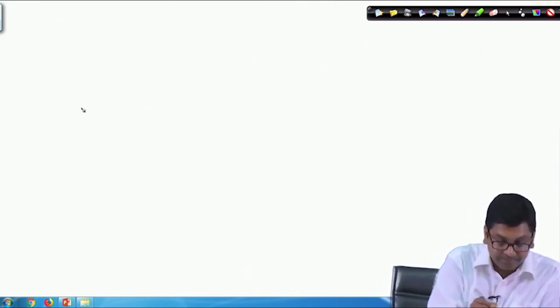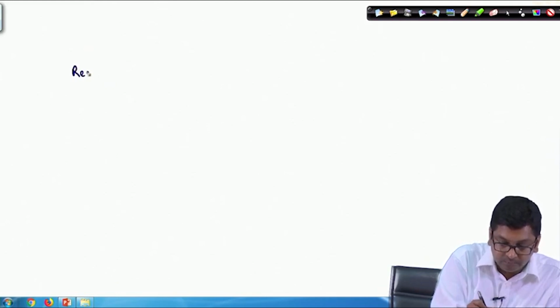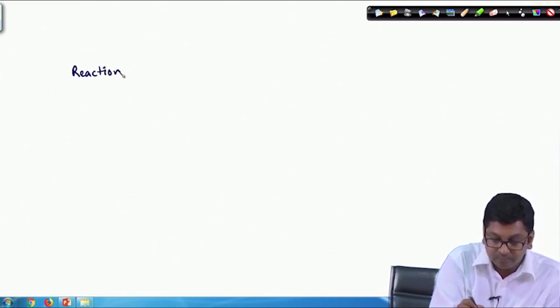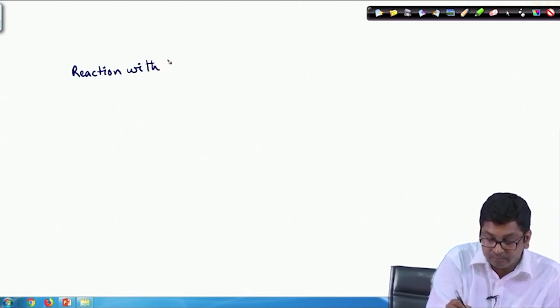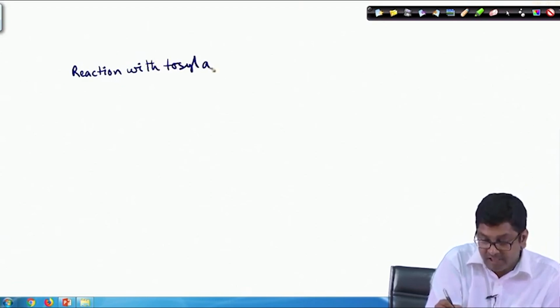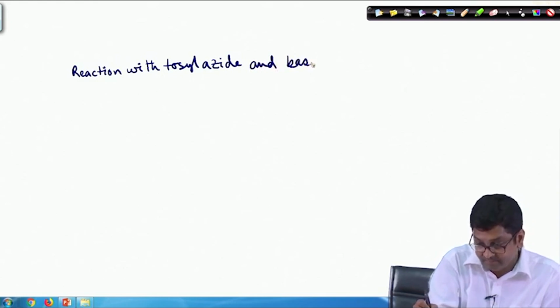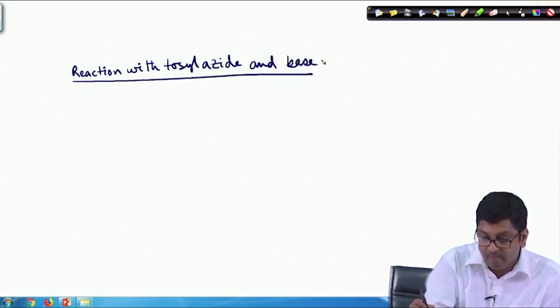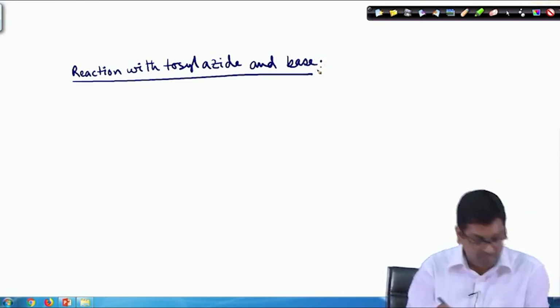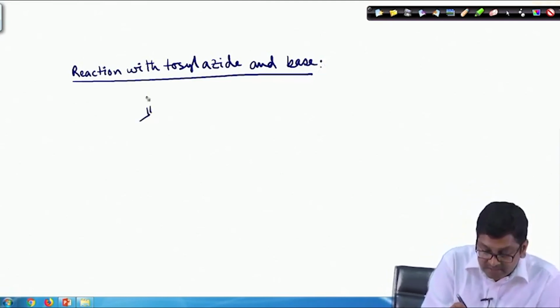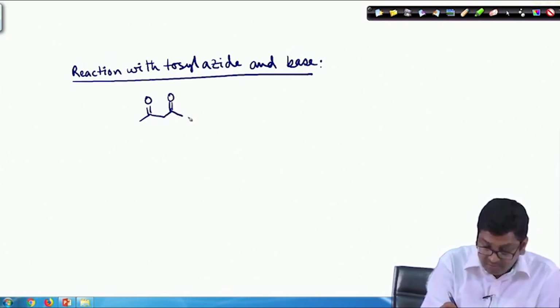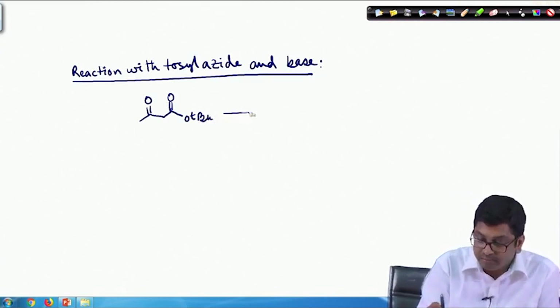As per example, so reaction with tosyl azide and base. Okay. So, this is the parent carbonyl compound.